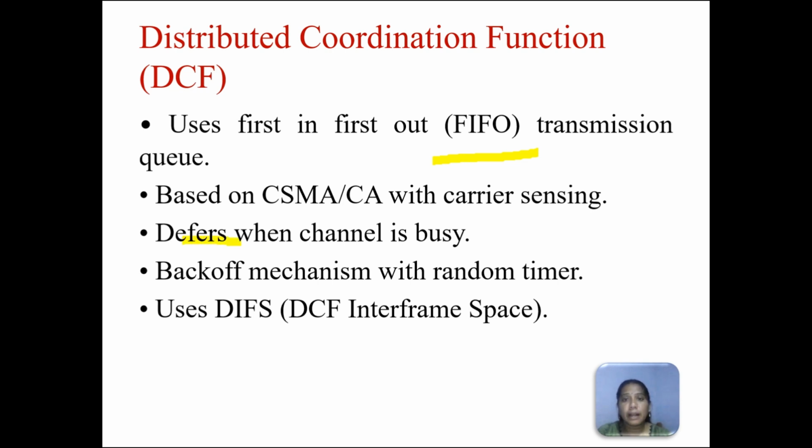A random backoff mechanism is applied to avoid repeated collisions. DCF uses a timing parameter called DCF interframe space, shortly called DIFS, to prioritize the transmissions. In short, DCF ensures fairness and reduces collisions by allowing stations to wait randomly before transmitting.